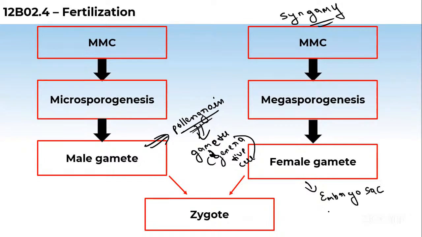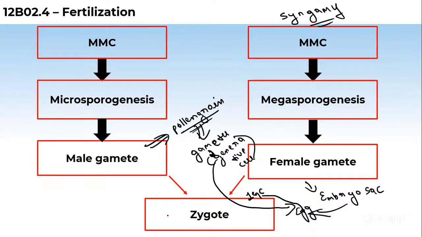This embryo sac has the egg, and one of the male gametes is going to be fused with the egg.